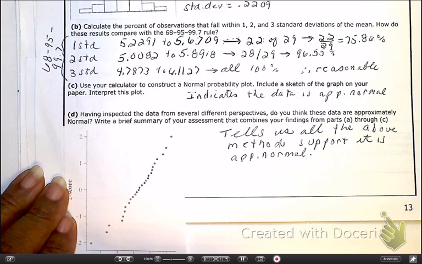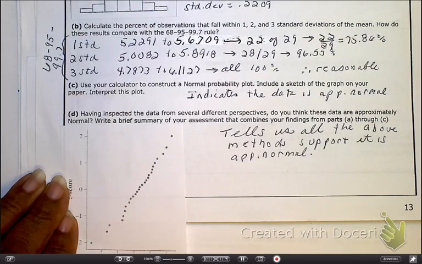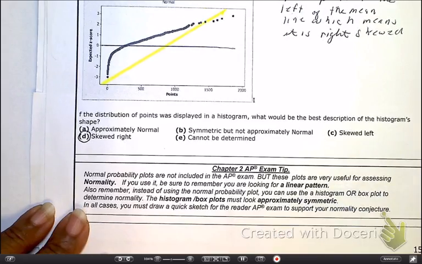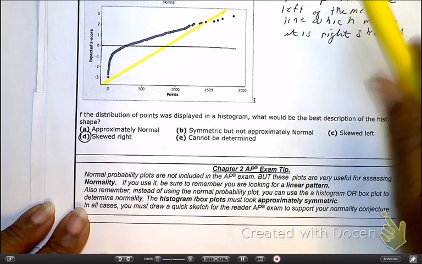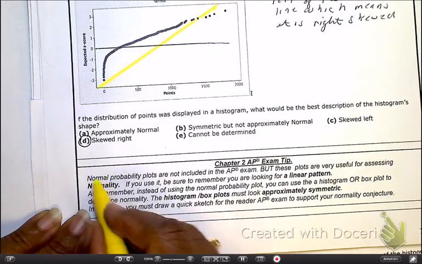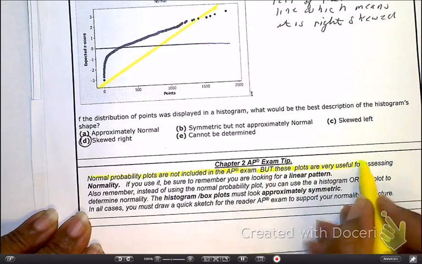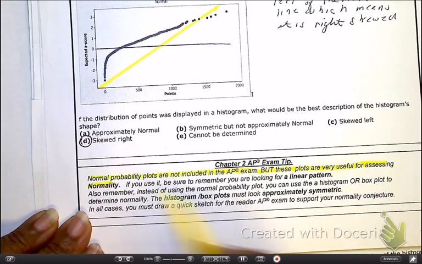So, that ends the topic of normal probability plot. The beauty of this, though, as I go to the next page, looking at the AP tips. Sorry, I was too tired to pause it. Is that the normal probability plot is not on the AP exam, but it's very useful for assessing normality.